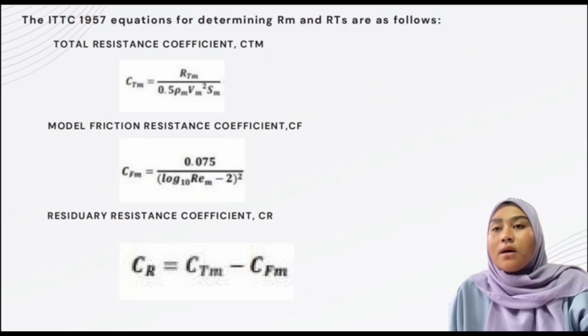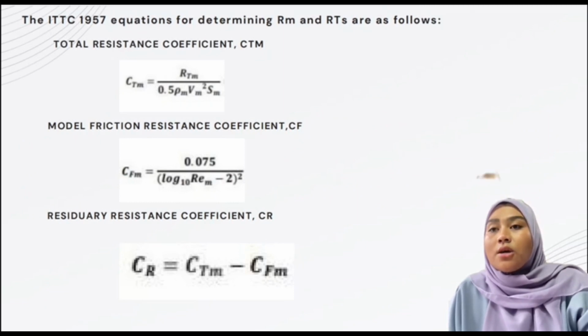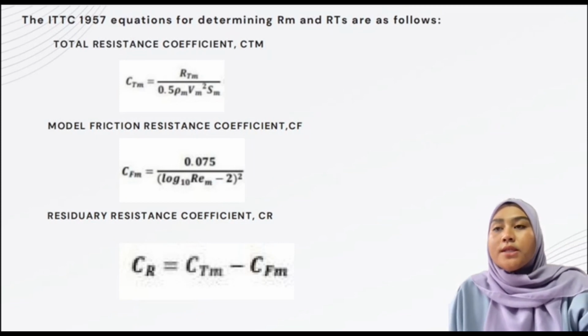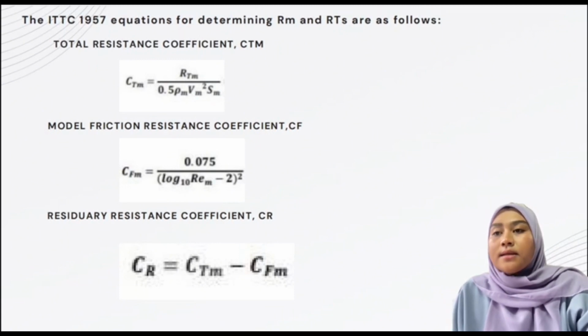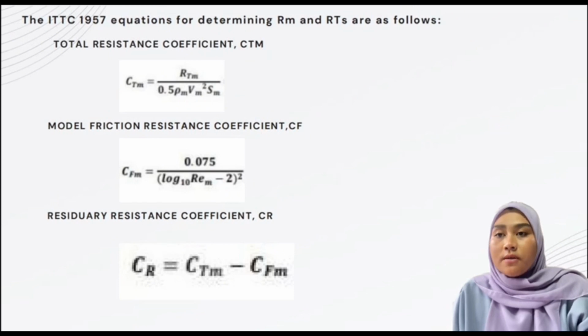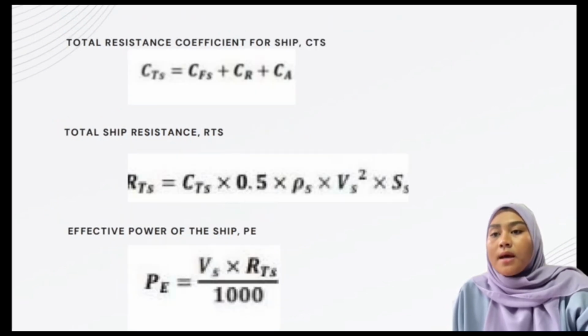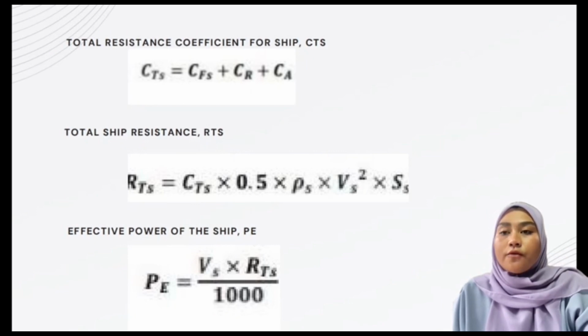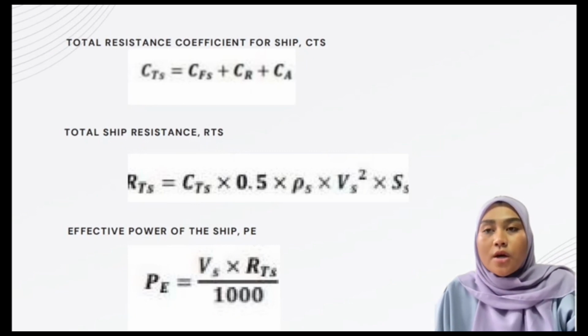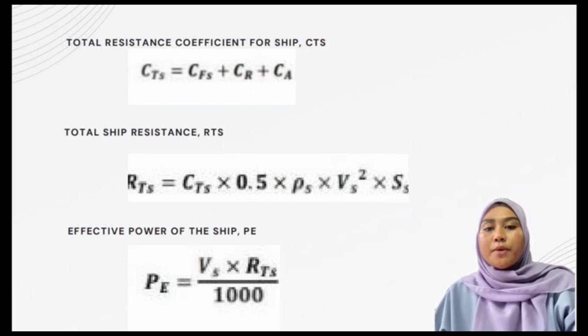As you can see, it is the list of formulas that we use in this experiment: the total resistance coefficient for the model and for the ship, the frictional resistance coefficient for the model and the ship, and also the formula for the residuary resistance coefficient used for the calculation in this experiment.